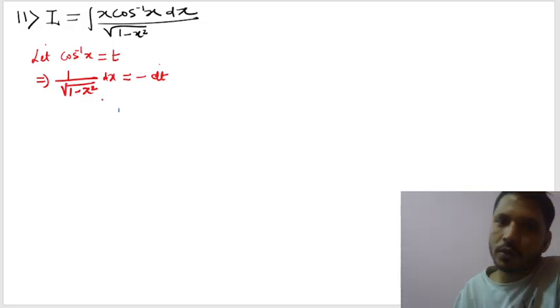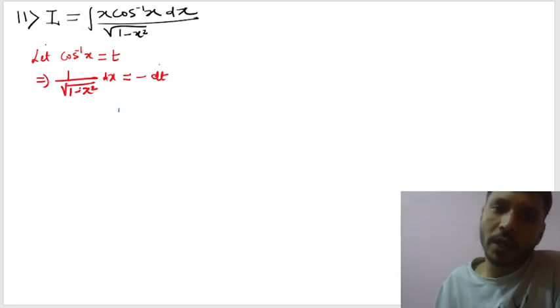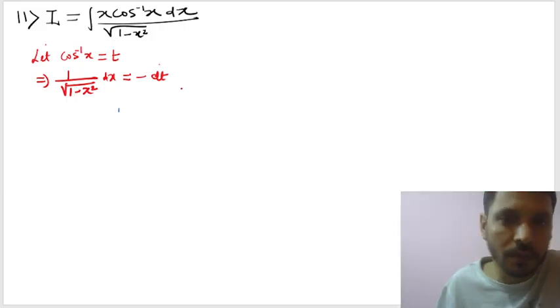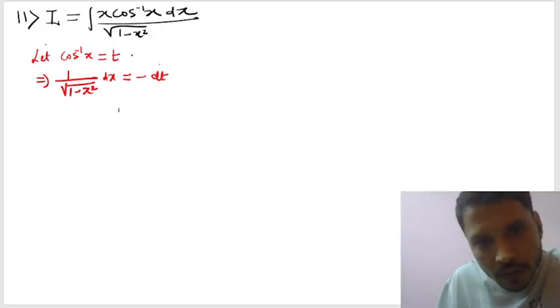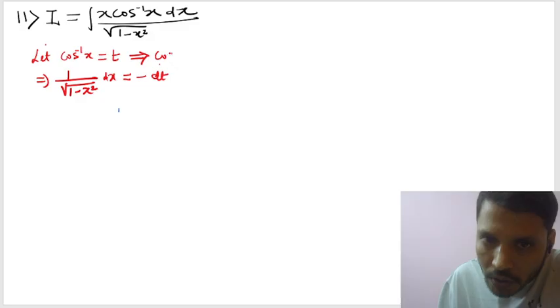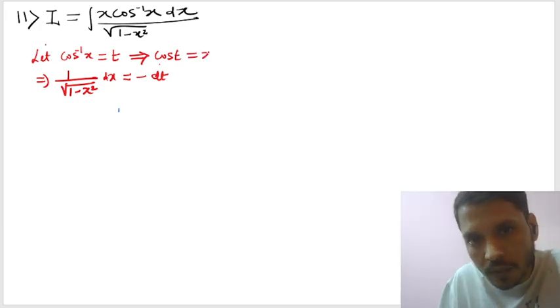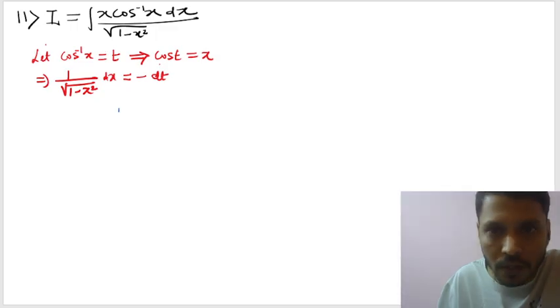Instead of writing this minus on the LHS, I have written it on the RHS. Now from this substitution, cos t is equal to x. Now we can replace in the integration.